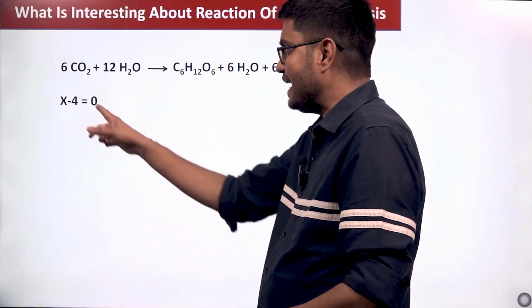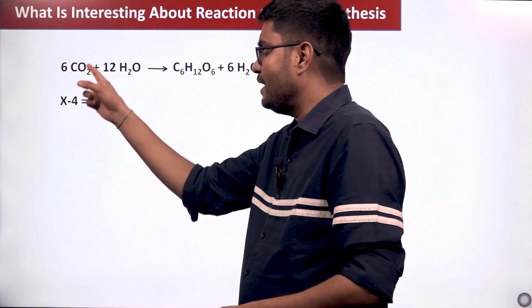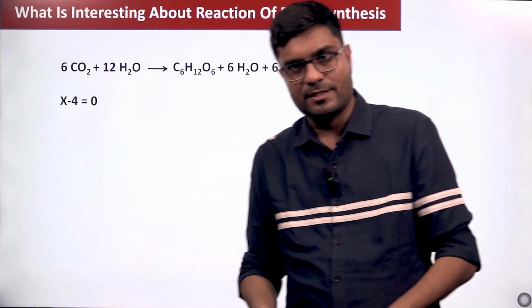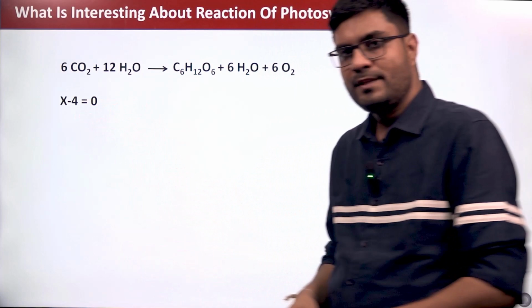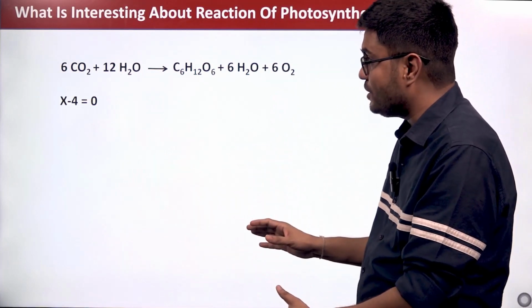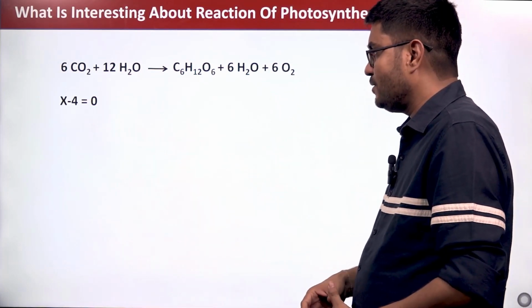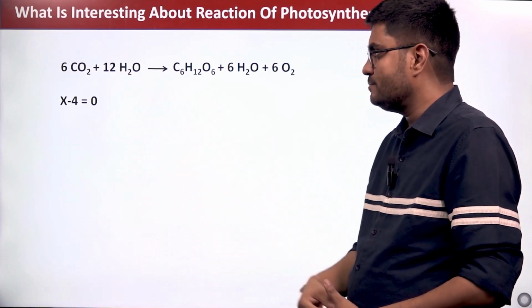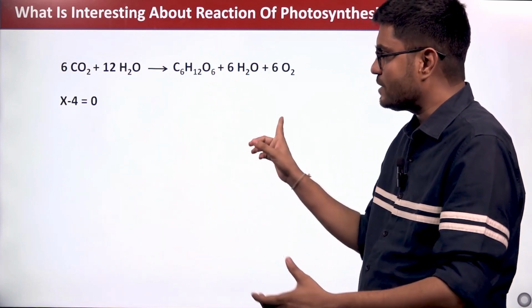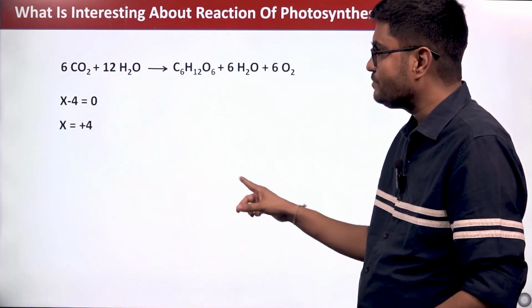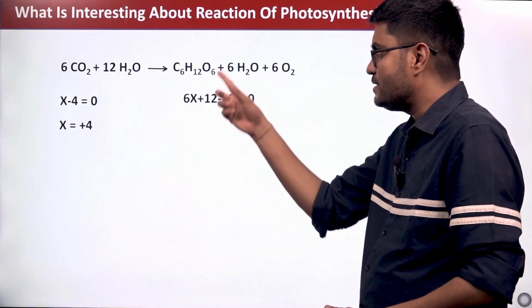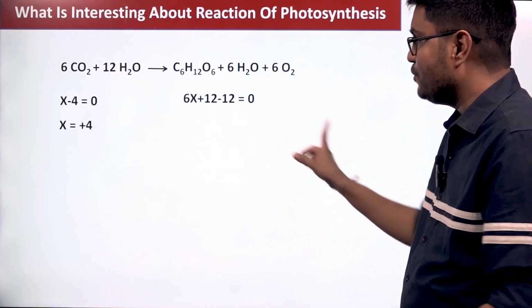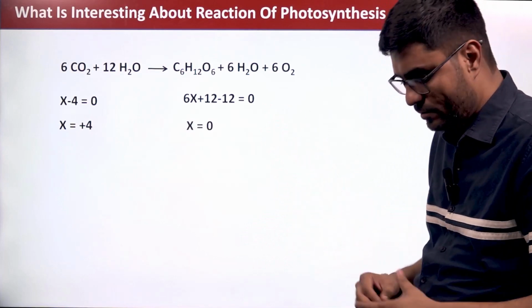Carbon is X, then 2 oxygen atoms, each minus 2, so X minus 4 is equal to 0. I can also calculate the oxidation number of carbon in the glucose molecule. 6 carbons, that is 6X, then 12 hydrogens, that is plus 12, 6 oxygens, that is minus 12, equal to 0, so X equals 0.